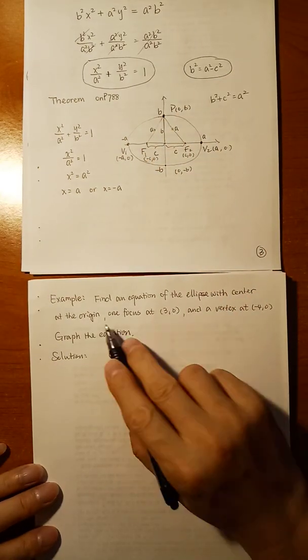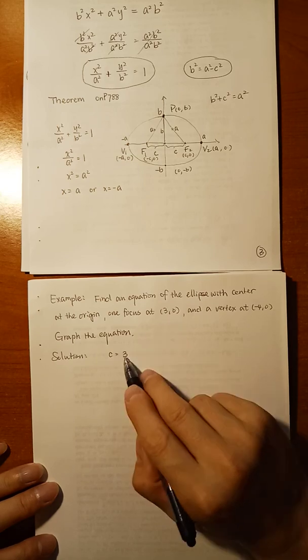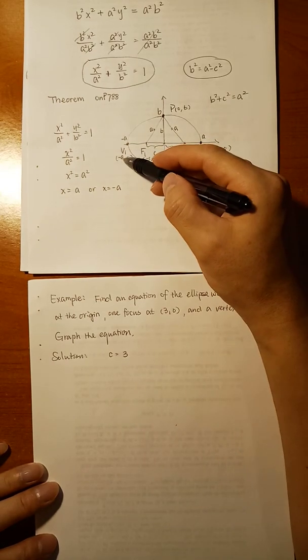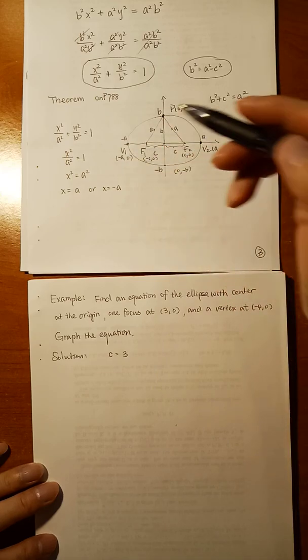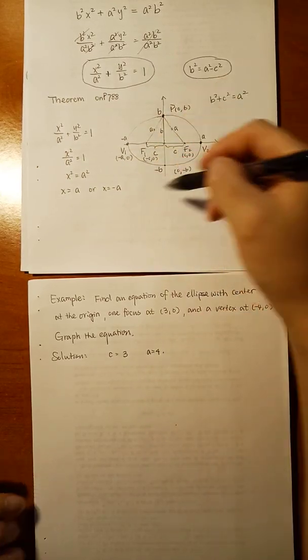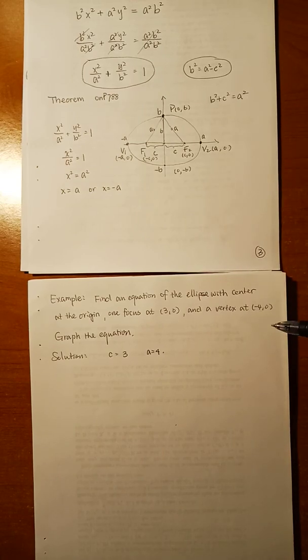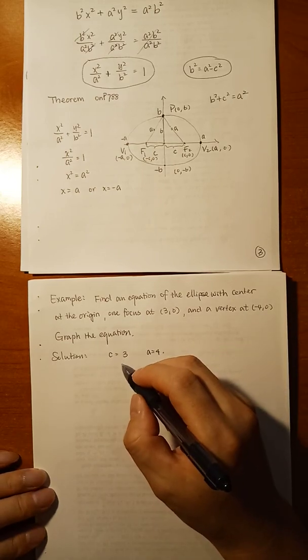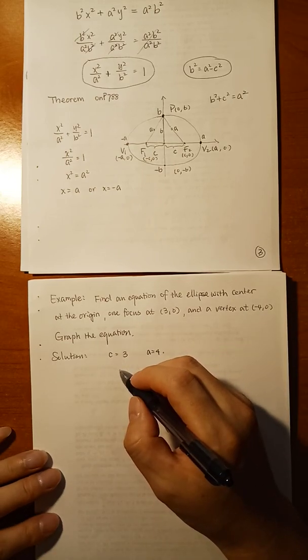The center is the origin, so C is 3. The vertex is (-4, 0), which is (-A, 0), so A is 4. You can see that this picture is very important when you do the examples. So A is 4, C is 3.